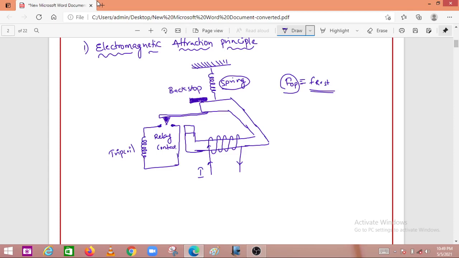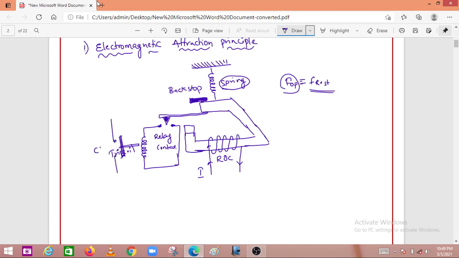Right, now this is the relay operating coil. From this the relay signal will be given to the circuit breaker contact, and from this trip coil the circuit breaker plunger will be attracted. That is based on the application of the circuit breaker we have seen in the previous cases.